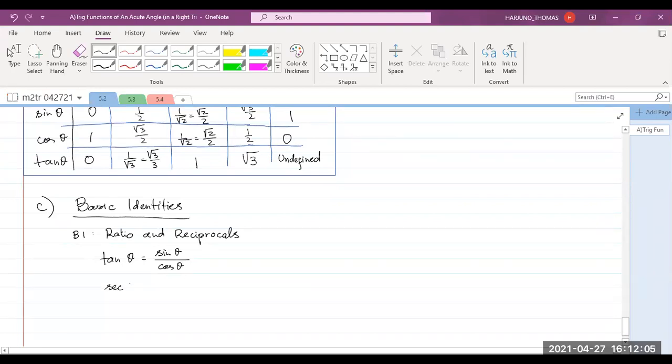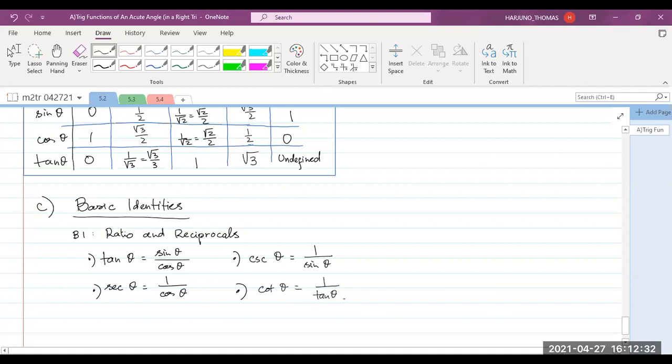Secant theta is the reciprocal of cosine theta. Cosecant theta is the reciprocal of sine. And cotangent theta is the reciprocal of tangent theta.